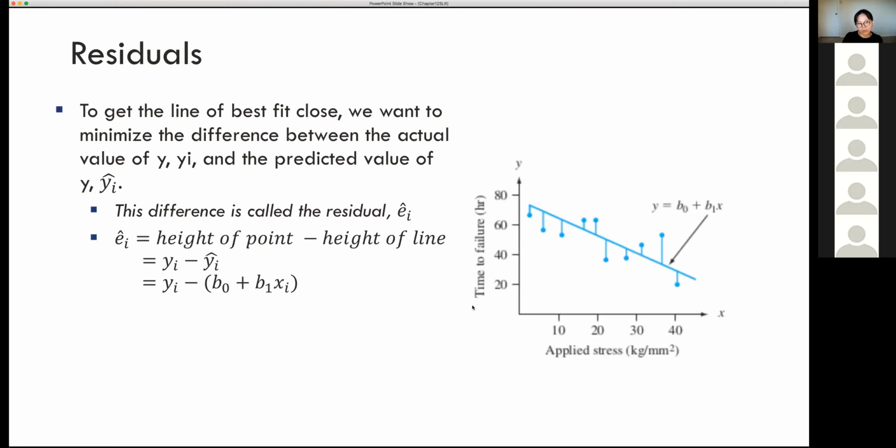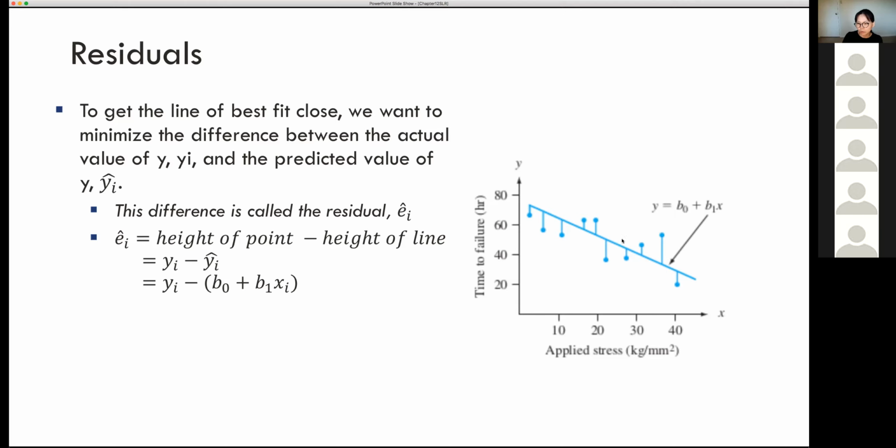So, from this plot, you might be able to tell what we are doing here. We have those data points, those blue dots, and we have the distance of each point from the regression line.